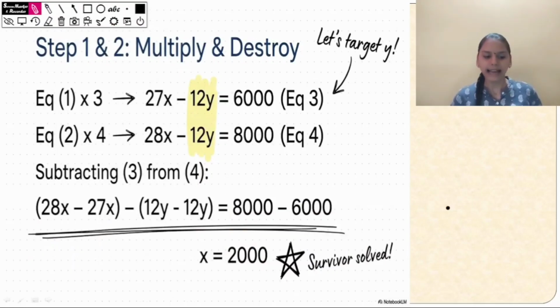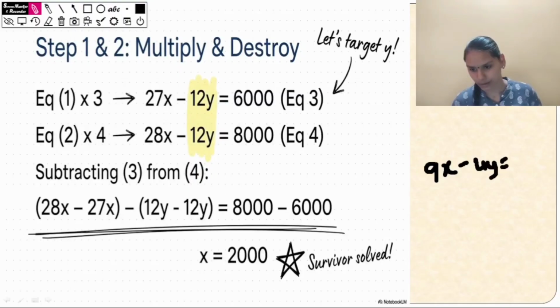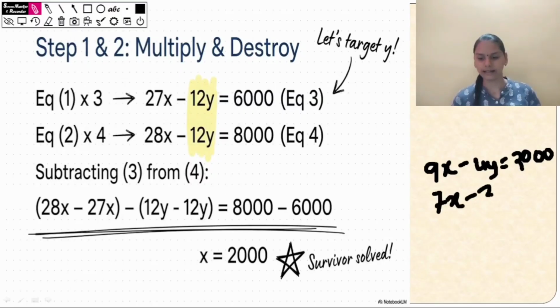See, I had my equations as 9x minus 4y is equal to 2000, and one more equation was 7x minus 3y is equal to 2000.